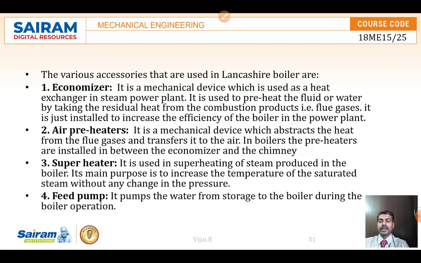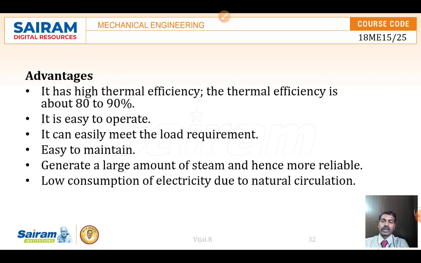The air preheater is helpful for preheating the air which is used for burning the fuel. The superheaters are used to increase the temperature of the steam once it is produced, so that it is helpful in power generation and rotation of the turbine. So there is a huge improvement in efficiency. These are all the accessories used in the Lancashire boiler.